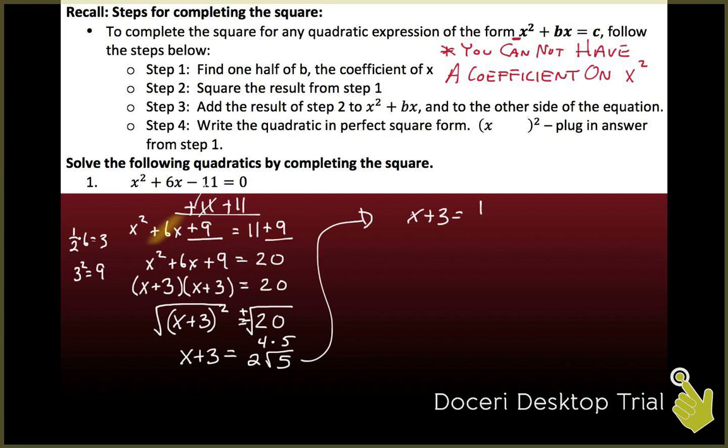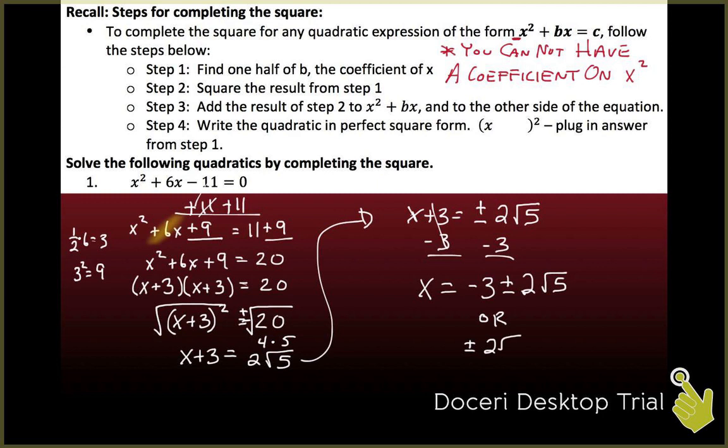So it would be plus or minus 2 square root of 5. Now to get that x all by itself, the last thing you have to do is subtract 3. Subtract 3. So you'll have x equals, and you can write this as either negative 3 plus or minus 2 square root of 5, or if you leave it as plus or minus 2 square root of 5 minus 3, that's acceptable as well. So either one of those are perfect for your answer.